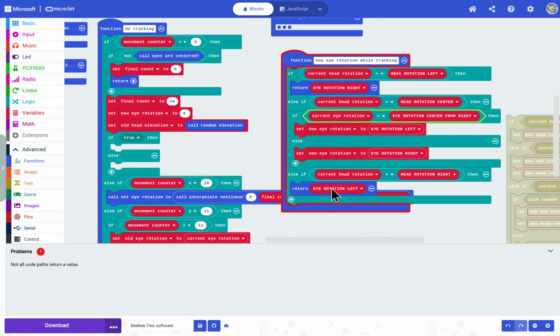Return eye rotation right. Now let's see. Okay. Right, left. Eye rotation left, eye rotation right. These need to be returns.